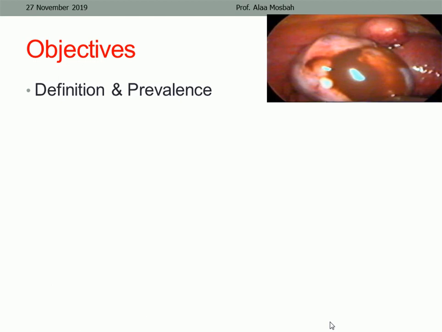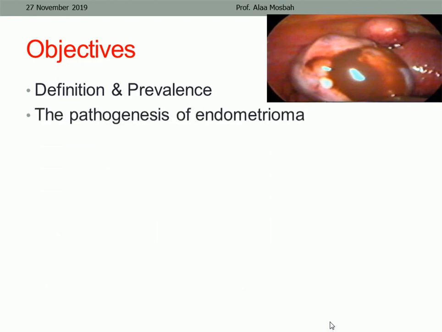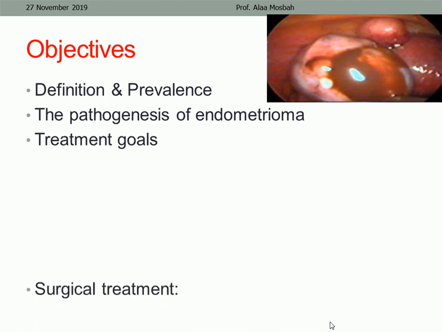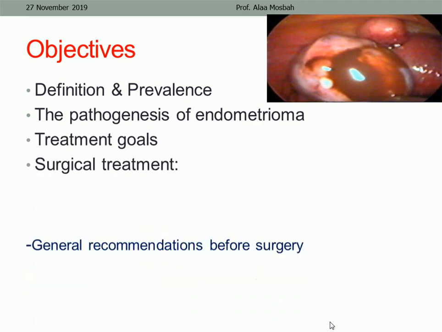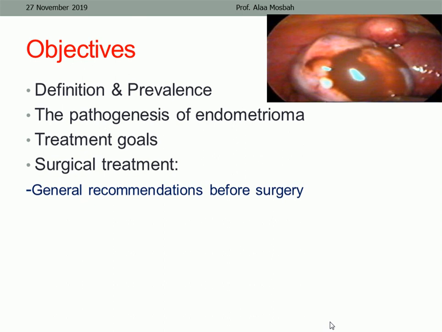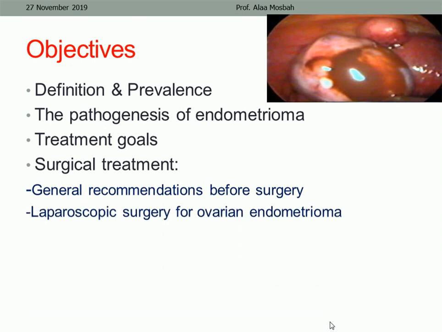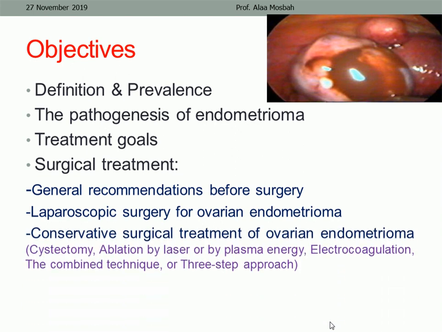The definition and the prevalence, the pathogenesis of endometrioma, the treatment goals, surgical treatment, general recommendations before surgery, laparoscopic surgery for ovarian endometrioma, conservative surgical treatment of ovarian endometrioma, including cystectomy, ablation by laser or by plasma energy, electrocoagulation, or combined techniques, or lastly, three-step approach.